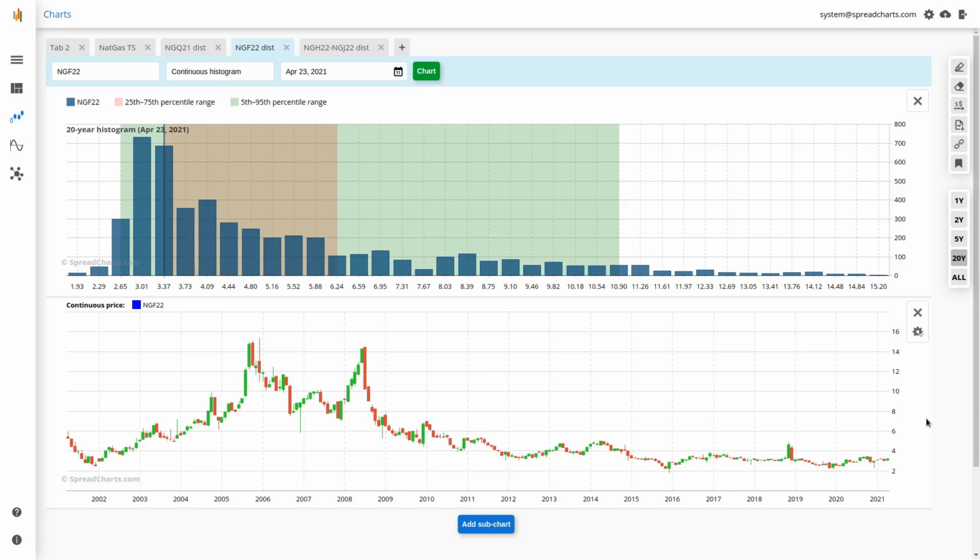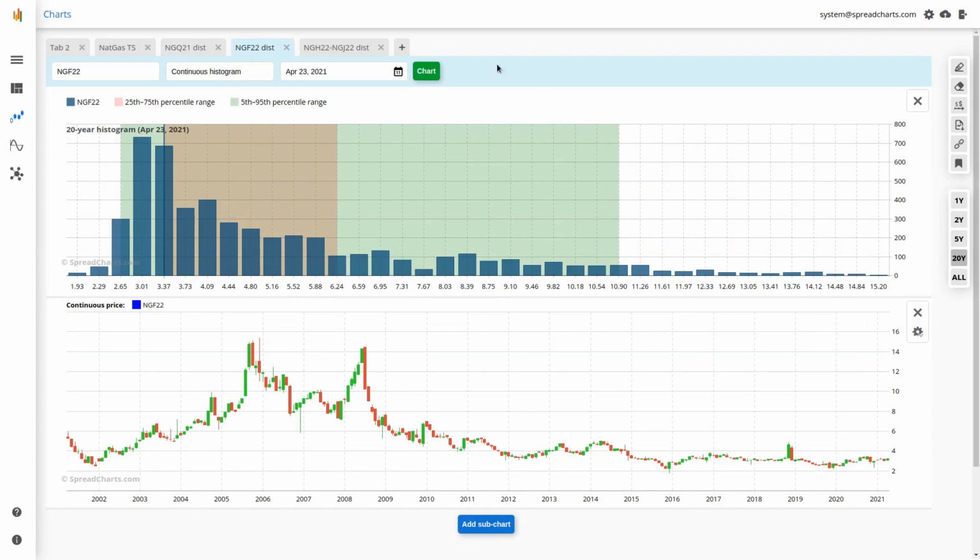But if I take a look over the next few years, I think we will definitely go well into the red field, and I expect prices even somewhere here around the 75th percentile, which is above $6 on this winter January expiration. This is something that we will see over the next few years. It will happen.